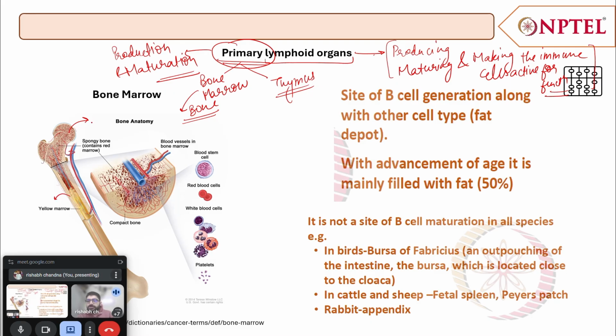The red marrow is part of the spongy bone, and it helps in production of different immune cells and the blood cells. And the yellow marrow is a component that is filled with fat.